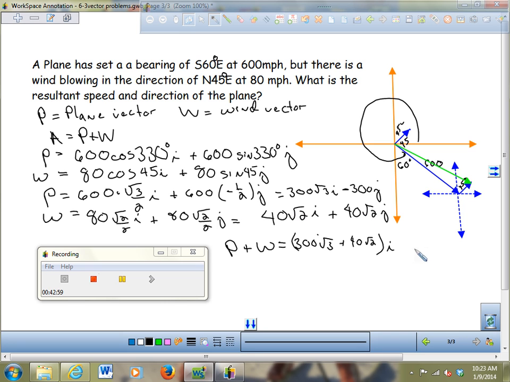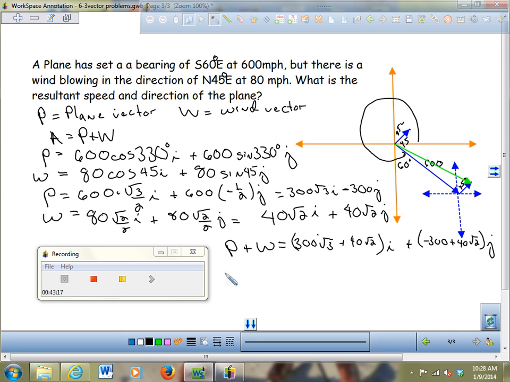And I'm going to add together my vertical components, which is minus 300 plus 40 root of 2 in the j direction. Okay? And unfortunately, I'm not done with the problem yet, okay?